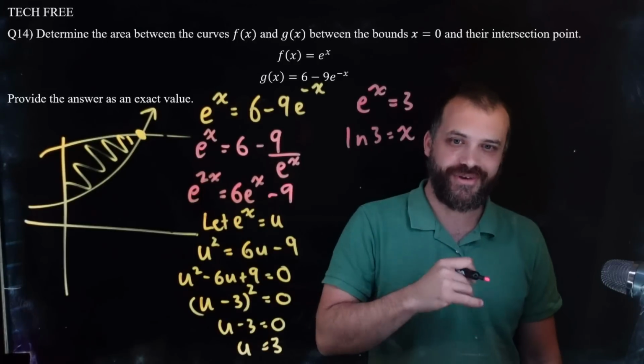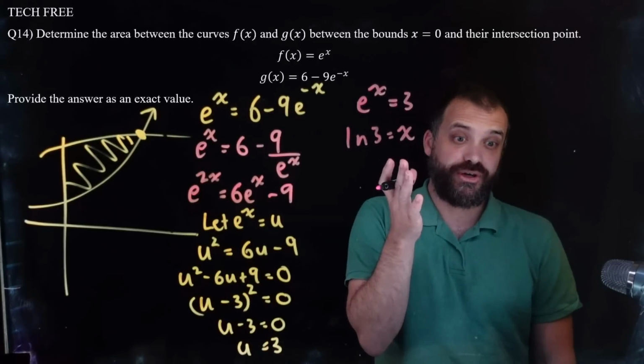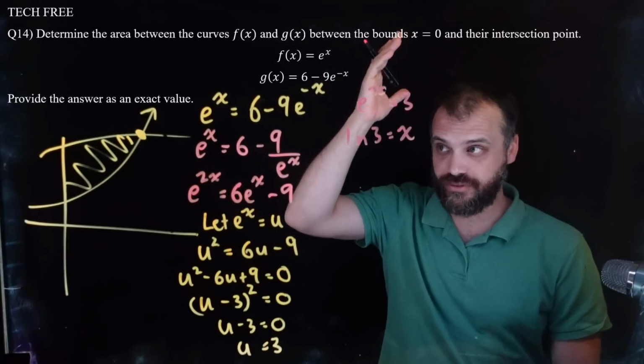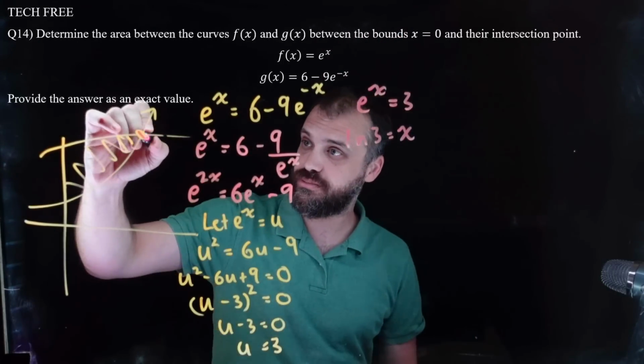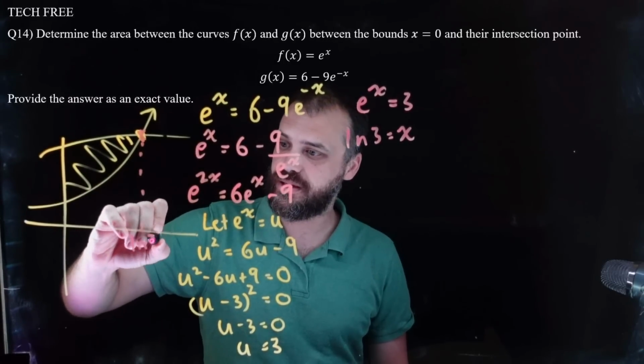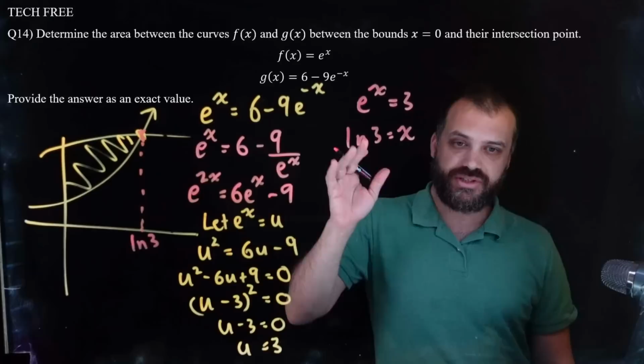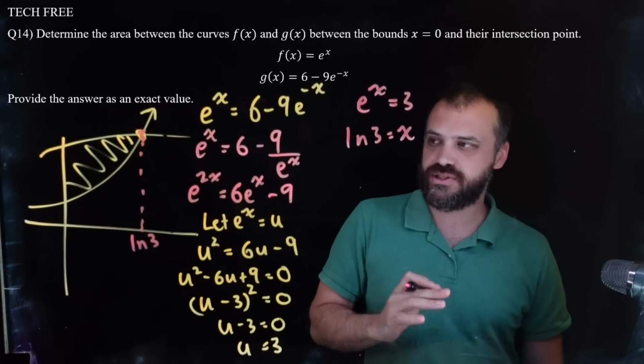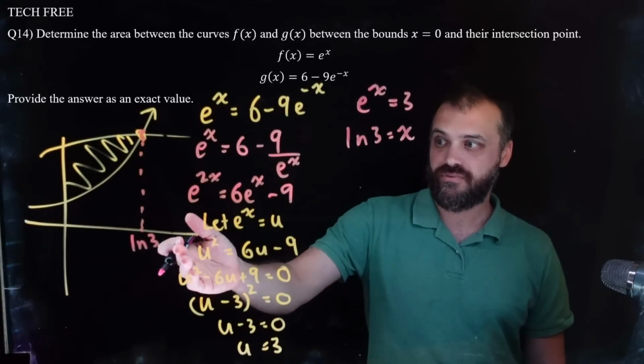Oh, wow. Okay, what did I just find? I found the intersection point of those. The intersection point of these is ln 3.